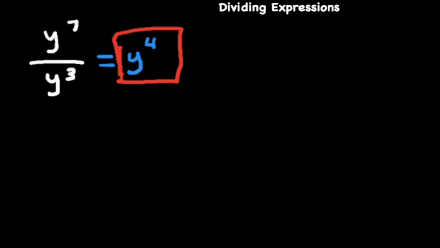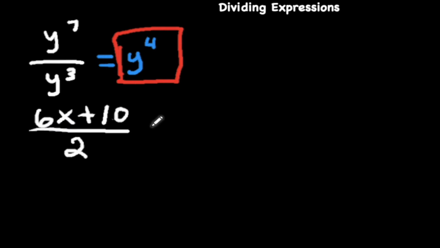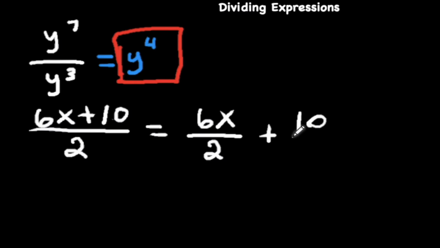Okay, so let's go with another example. What about if you had 6x plus 10, oops, I meant to write 10 there, divided by 2. Okay, so we're going to separate it. So 6x divided by 2 plus 10 divided by 2.